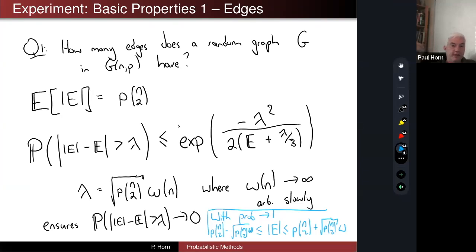It would be extremely unlikely to get a graph that is much more than some n edges away, or n log n edges away from n squared over 4. Even though any graph is possible, in fact, any graph is equally likely, almost every graph has close to n squared over 4 edges. And this works throughout. So even though this is a random object, I understand this property very well, thanks to this concentration inequality.